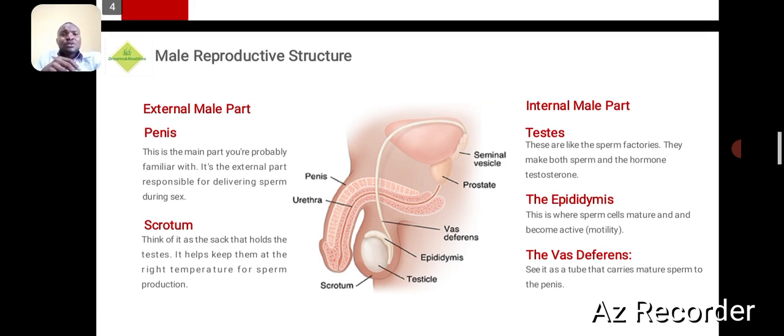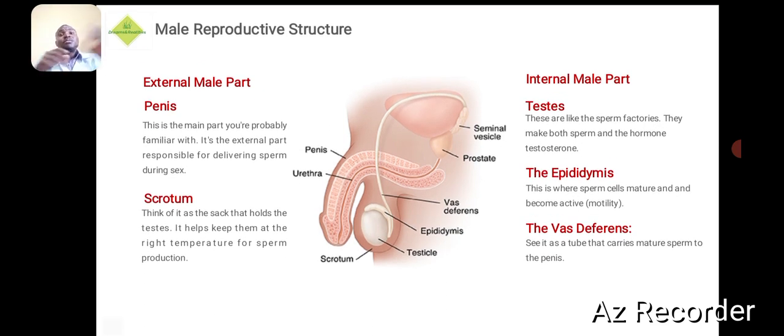What it helps to do is to regulate the temperature. That's why it's a bit distended away from the body, so that it's not going to have the same temperature as the body, because our sperm cells need to survive at a certain temperature level, a bit below our body temperature, for them to be viable, active, and strong to do what they're supposed to do.